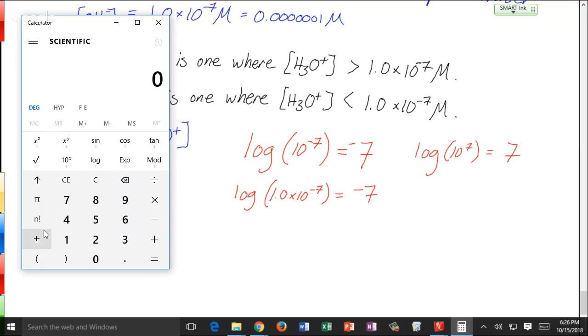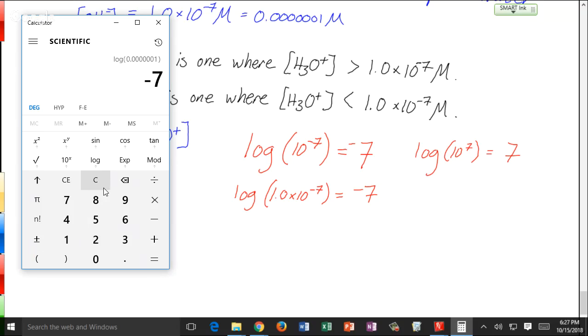We'd say 7, negative, take that to the 10, and then multiply it by whatever we need to multiply it by. So let's just say 1, and then we take the log to get our negative 7. So it's backwards. You put the number first, and then you negative it, and then you 10 to the it, and then you log it.